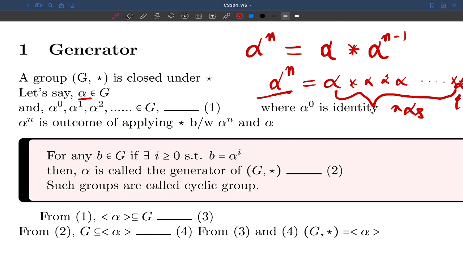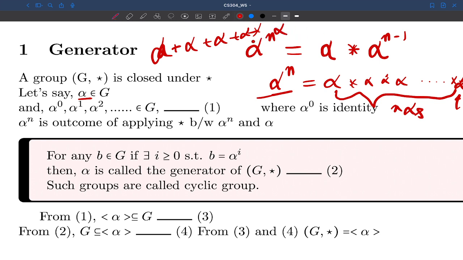We have applied alpha n times on the identity element, and it doesn't always mean multiplication. That's why I'm saying that it is not an exponent. This operation can be anything: modulus, division, addition, subtraction. If it is addition, then I am applying alpha plus alpha plus alpha plus alpha.